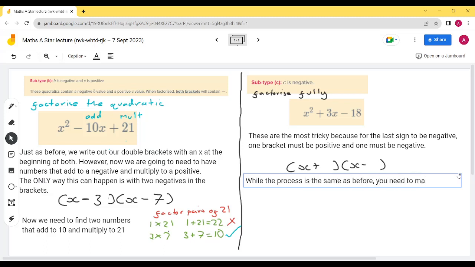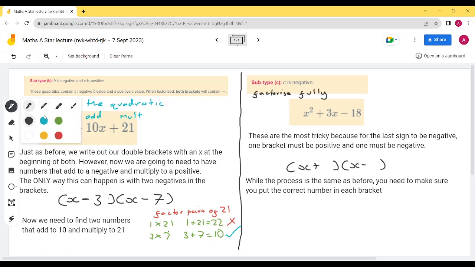You need to make sure you put the correct number in each bracket. So it's more fiddly now. We've got to make sure we put the correct number in each bracket. So we need to find two numbers which add to positive 3 but multiply to negative 18.